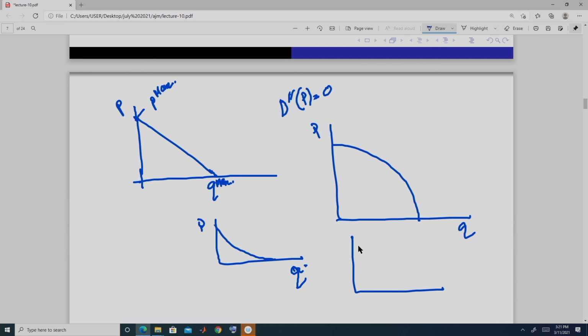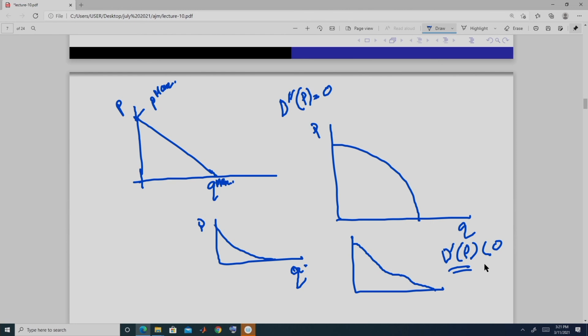In fact, it can take a form, not so much curl is possible, but at least like this it is possible. As long as the derivative is negative, it can take any form, right. So, all these variations are possible.